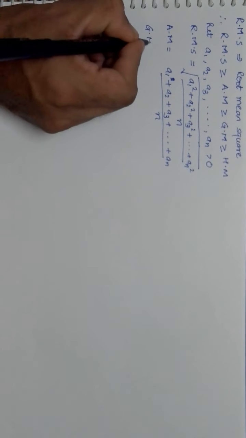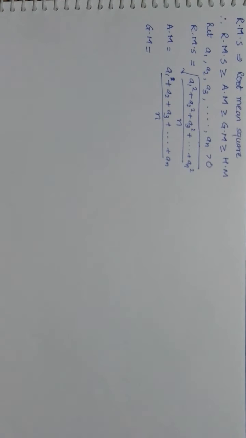Geometric mean. If three numbers are there, you know what the geometric mean is. If B is the geometric mean of A and C, that means B square is equal to AC, so B is equal to the square root of AC. That means the product of A and C is taken and then the second root, because there are only two numbers.